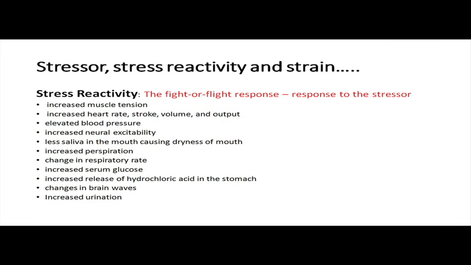Another example would be of an individual who has had a panic attack. What is a panic attack? A panic attack is where there is a sudden change in the autonomic arousal of the body. For example, we have all these symptoms of stress reactivity, or maybe some of the symptoms of stress reactivity.